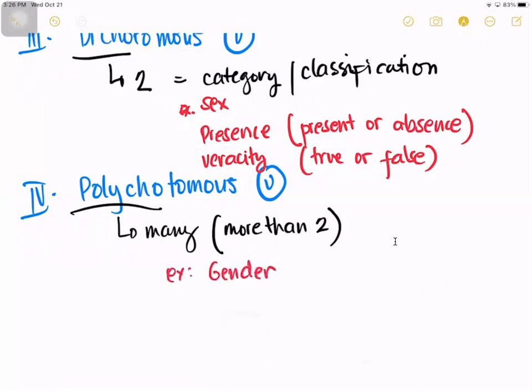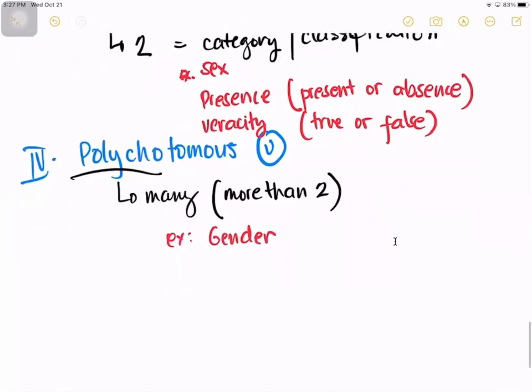Yes. Diba, uso subong we have, they say non-binary. What else? Heterosexual, homosexual, transsexual. Okay, so there are already various gender identity categories, so they fall under your polycotomous variable.